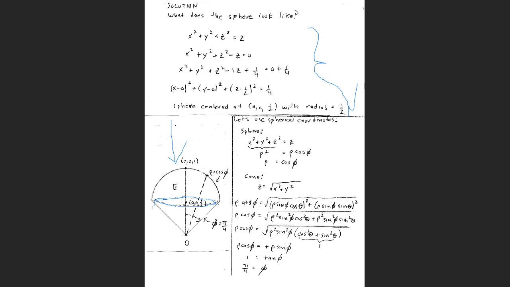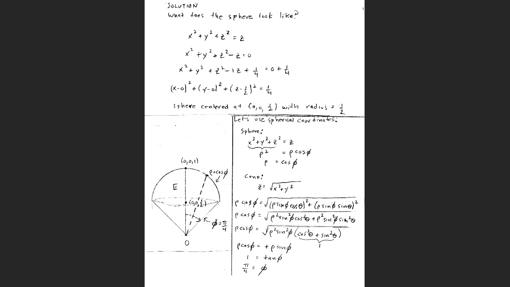What is the intersection mathematically of this sphere and cone? The sphere, the way I've drawn the picture, might be more like this. I might not have drawn it completely correct, but you get the general idea.